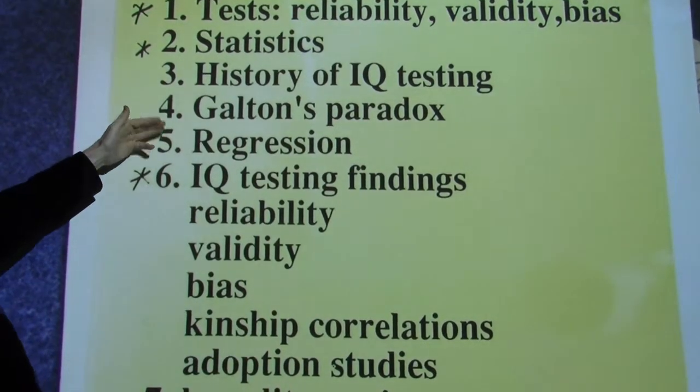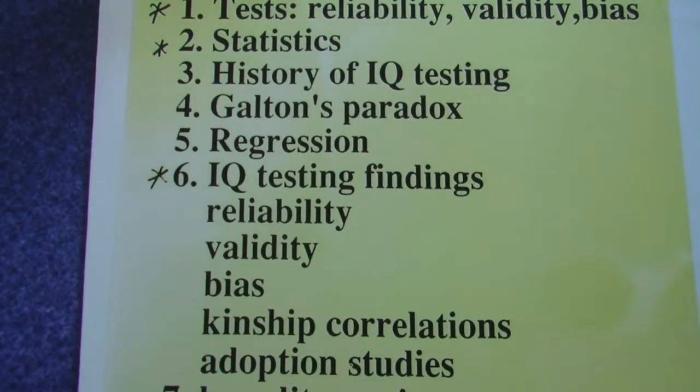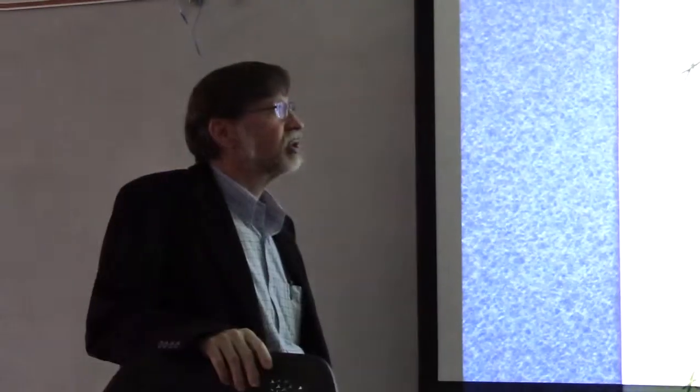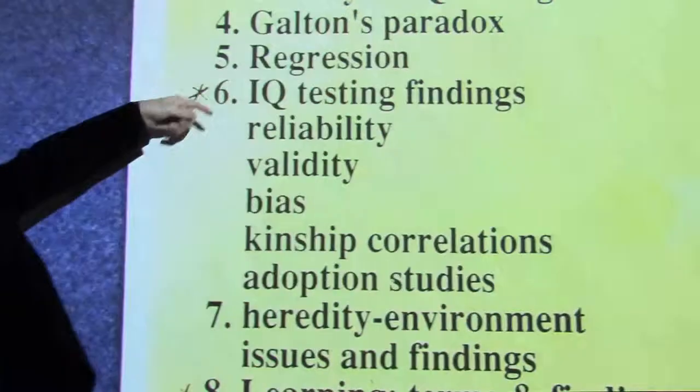Talked about Galton's paradox, the heights of fathers versus the sons. The correlation is about 0.5, and the sons are shorter on average than tall fathers, and taller than average than short fathers. That's known as regression, and it has a statistical explanation.